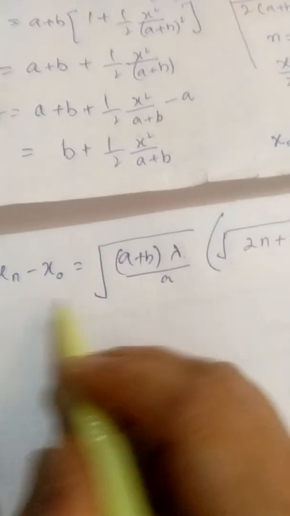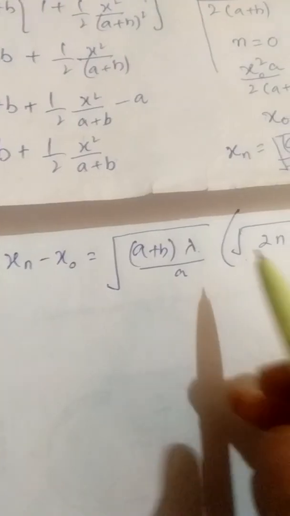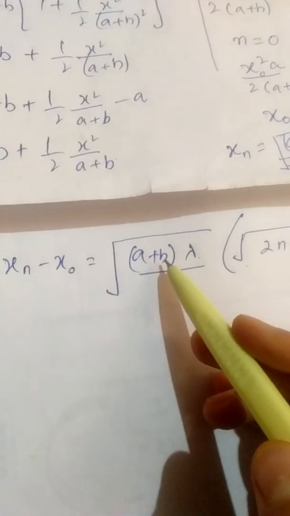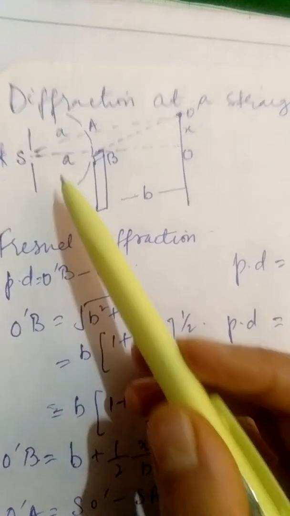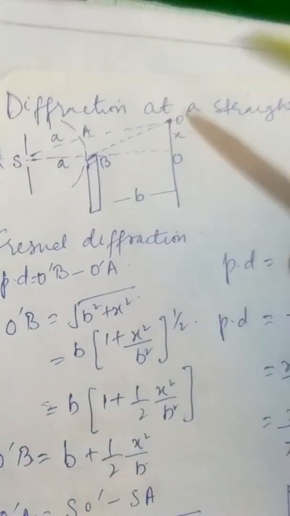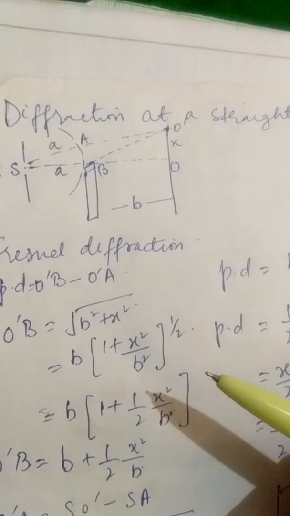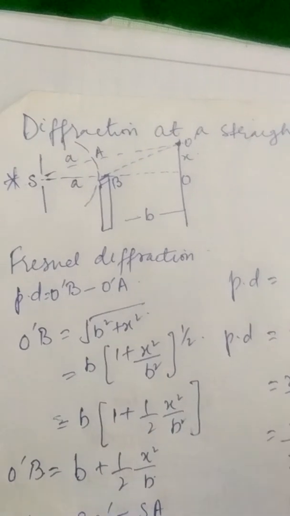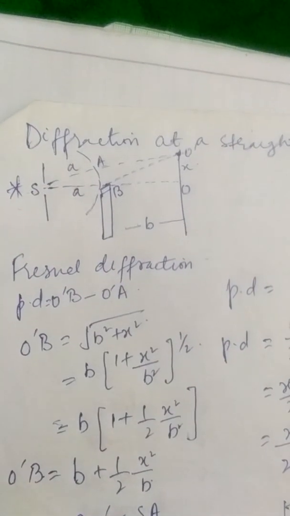The importance of this expression is that you can find the wavelength of the source of light that you have used at the initial place. How? In the experimental arrangement, you know what is A, you know what is B. You also know the distance between the first bright and the last bright. So from the experimental setup, you are able to determine A, B, and the distance between two bright fringes on the screen. Therefore, once you know all those parameters, you can easily find the wavelength of the source that you have used in the first place, right?